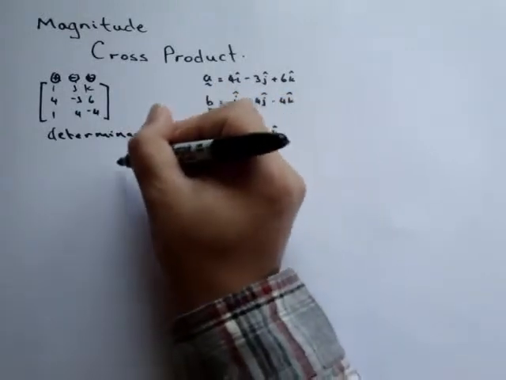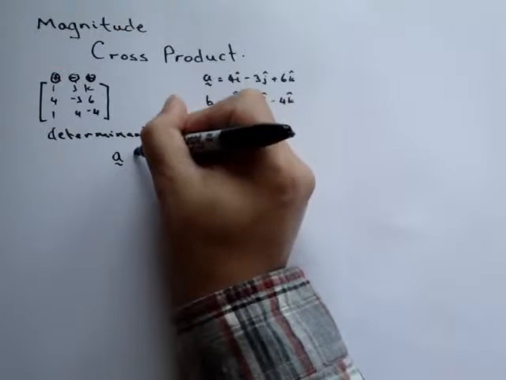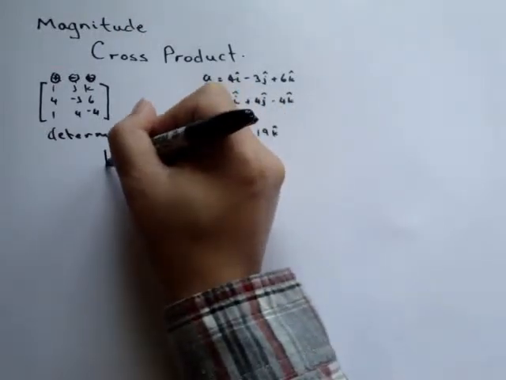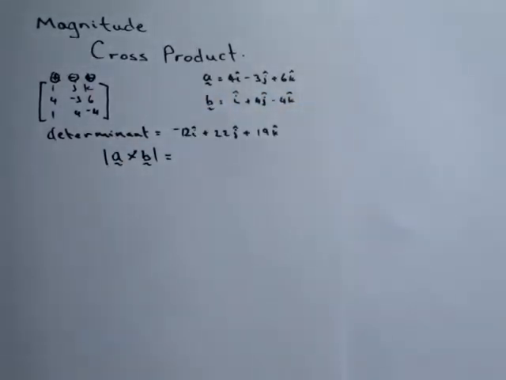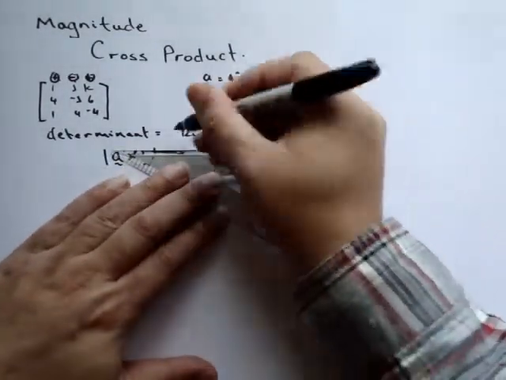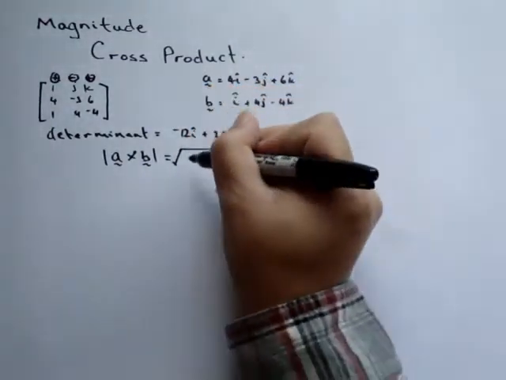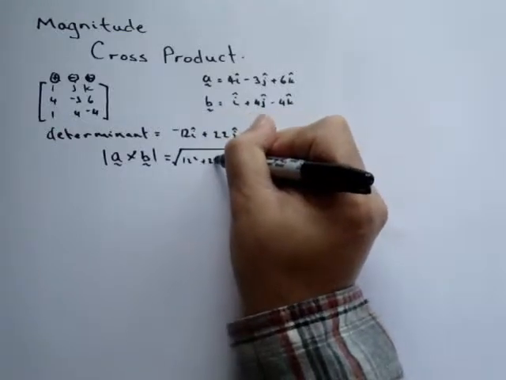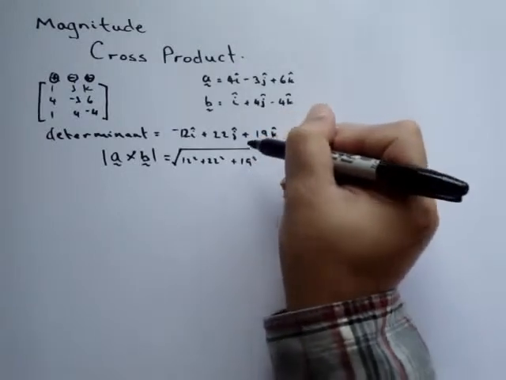Then the magnitude of our cross product, A cross product with B, will equal the square root of 12 squared plus 22 squared plus 19 squared.